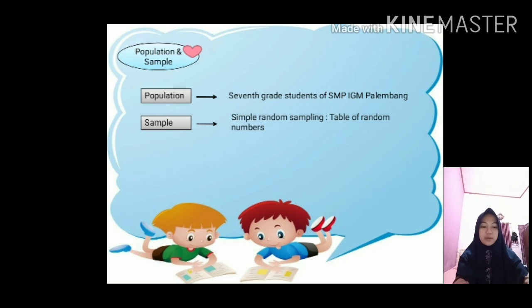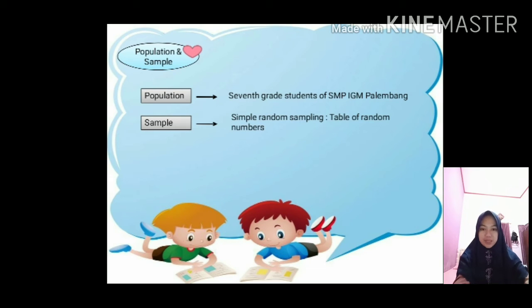Population is the entire group that you want to draw conclusion about, and the sample is the specific group that you will collect the data from. So, in this research, the population is 7th grade student of SMP IGM Palembang, and then the sample is 30% of the population, that is 30% of 7th grade student of SMP IGM Palembang by using simple random sampling.